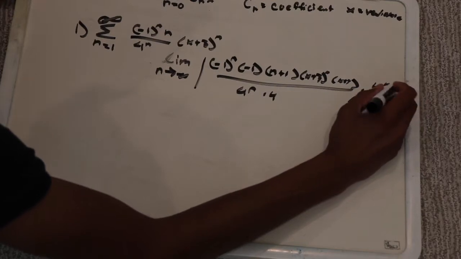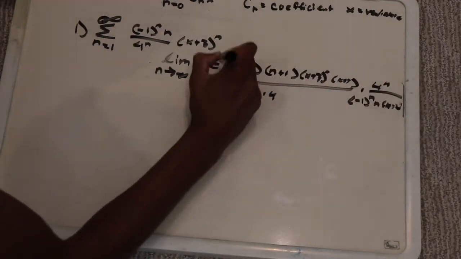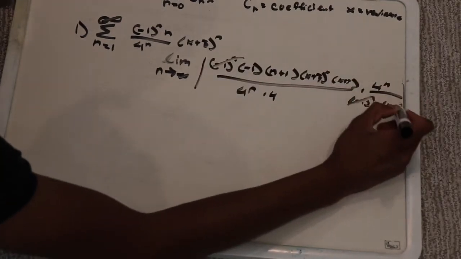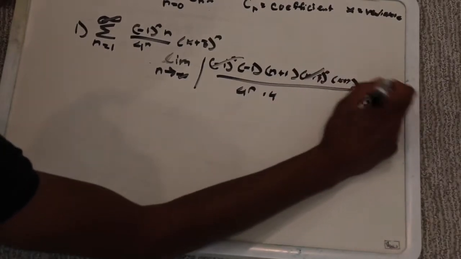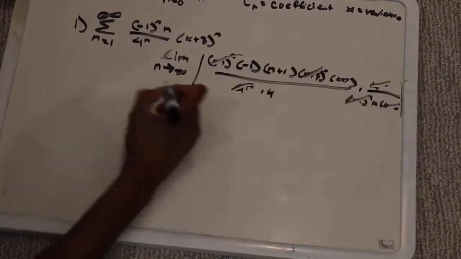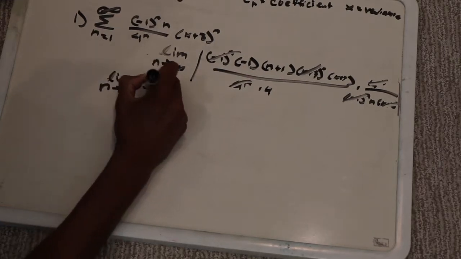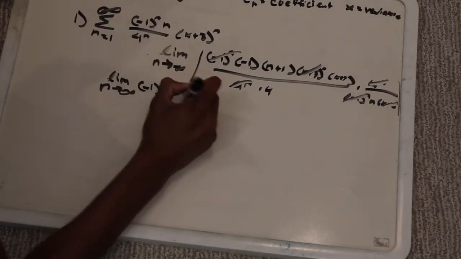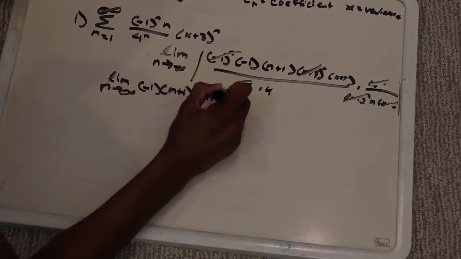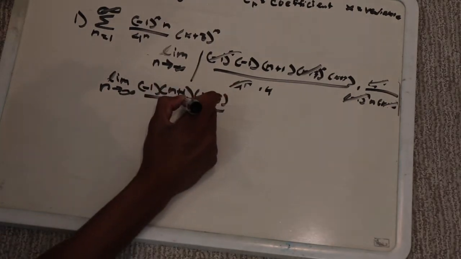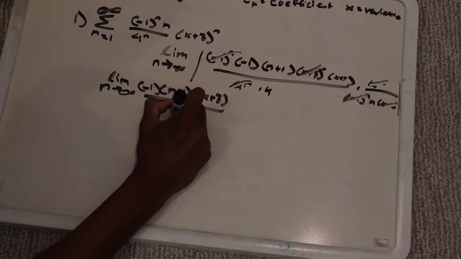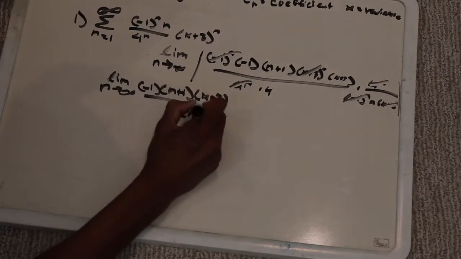Sorry, that's a little bit squished, but we can see that these will cancel out, and we're left with the limit as n goes to infinity of negative 1 times n plus 1 times x plus 3 over 4 times n.